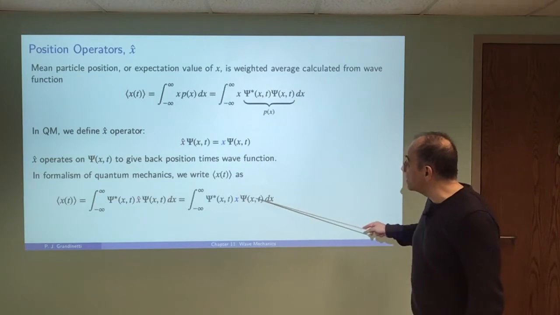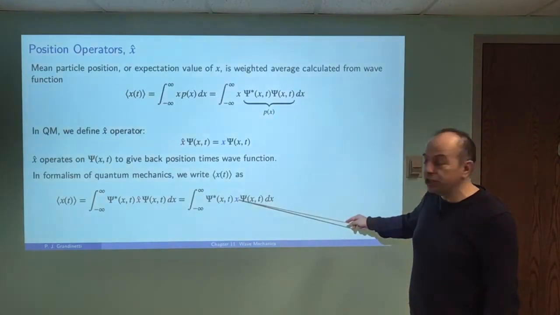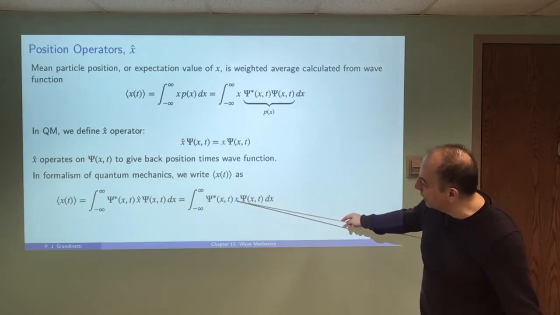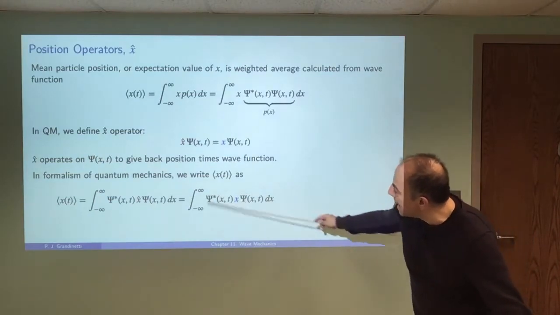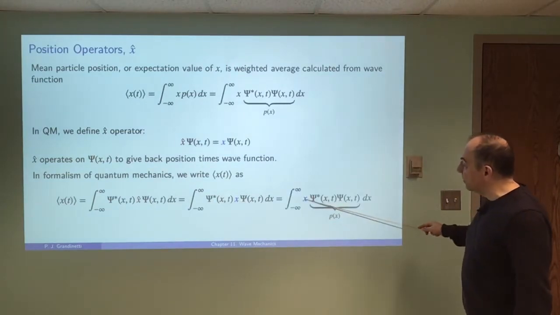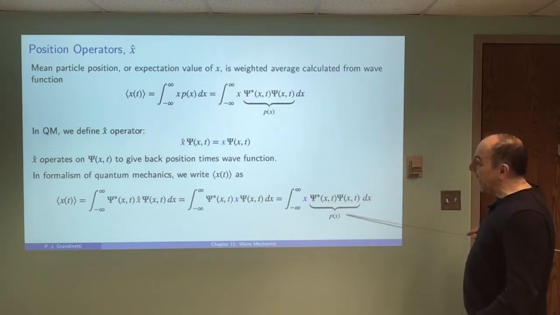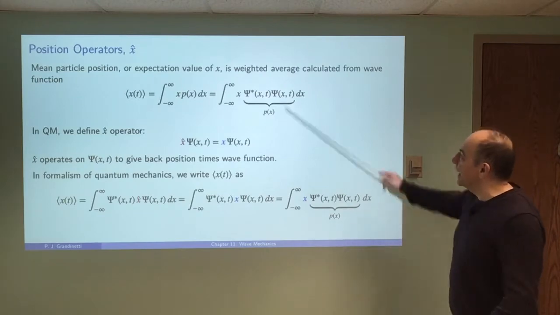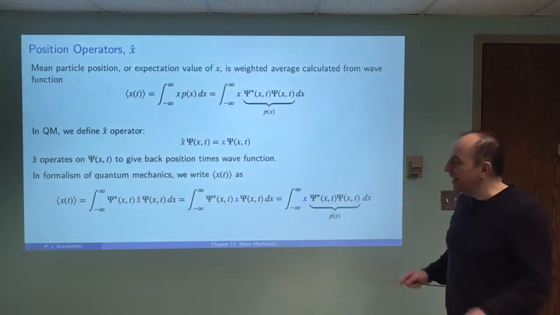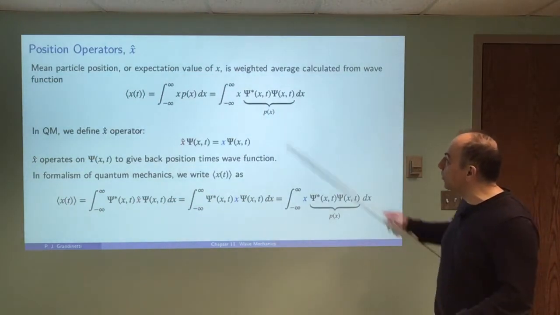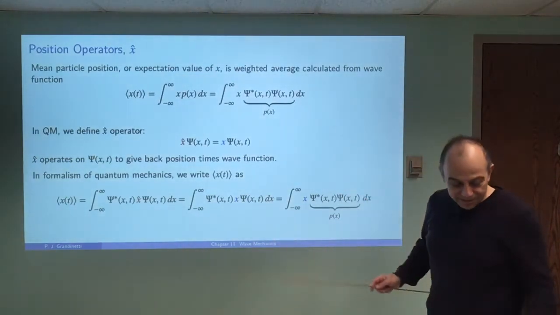And when it applies to the wave function on the right, we get back the position times the wave function. And now that it's no longer an operator, we will slide it past the other wave function to move it out here. And then, of course, this product is the probability. And that's the same thing that we had before. Now, you might look at this and think, that seems quite a lot of work to do what we already had before. But just hold on.